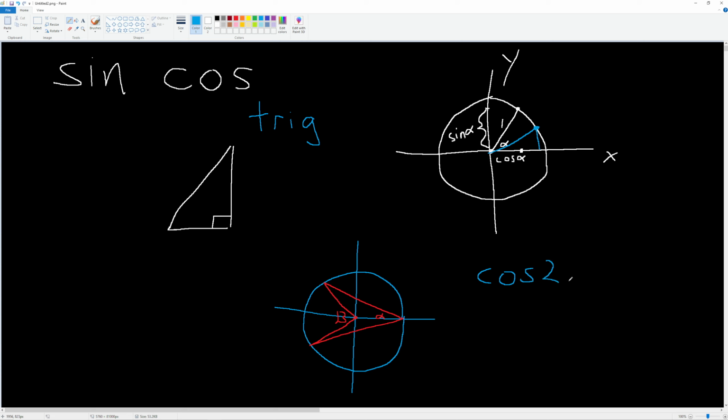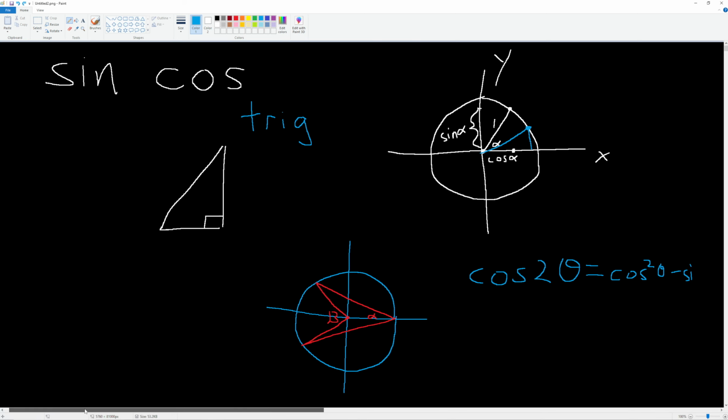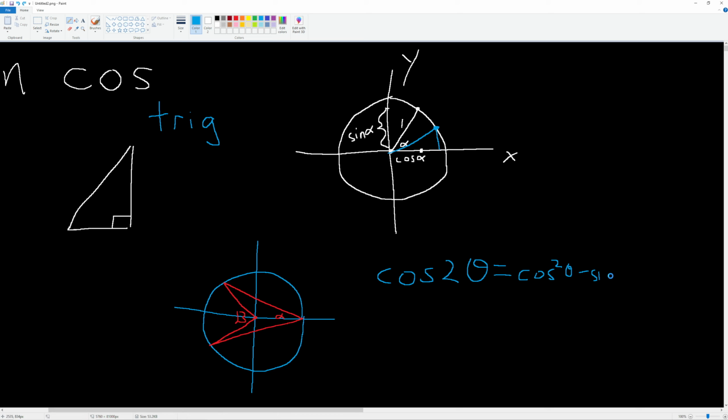So cosine 2 alpha is going to be, let me choose theta, just so that we're not looking specifically at these other graphs. It just so happens that this will be equal to cosine squared theta minus sine squared. This is one of the identities. I have it sort of memorized here. Minus, why does it do that? Sine squared. Okay.